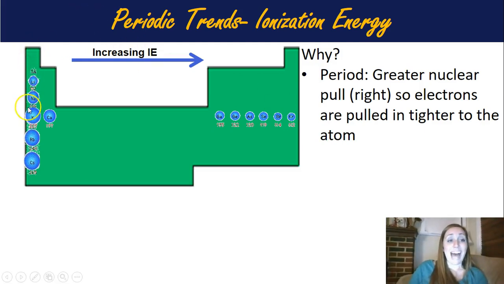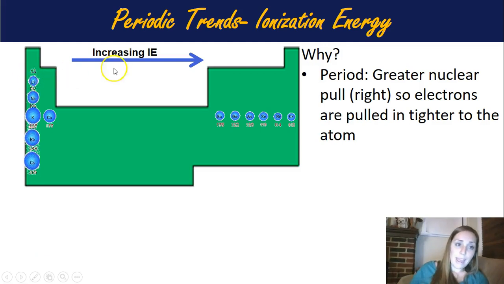But if we're talking about the alkali metals, like lithium, lithium is so annoyed with itself because if lithium loses one electron, it would be electrically like helium, which is super cool because it's a noble gas. So lithium doesn't really want to keep an extra electron. It wants to get rid of one so it can be electrically stable like a noble gas.